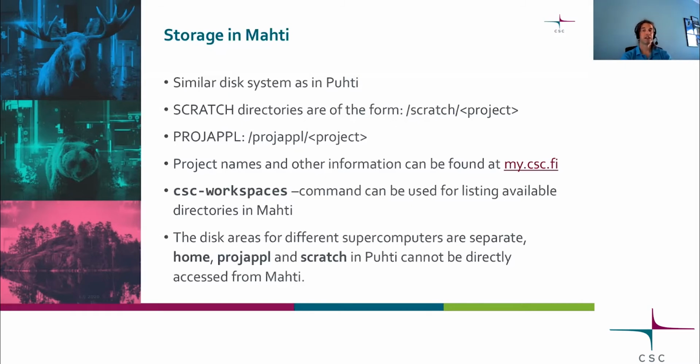All these directories are shared for the project, so all the project members by default can see all the files and directories there. You can of course manually change the permissions so that not everything is necessarily visible. There is the same tool as in Puhti that can be used for finding out all the directories the user has access to, the csc-workspaces command.